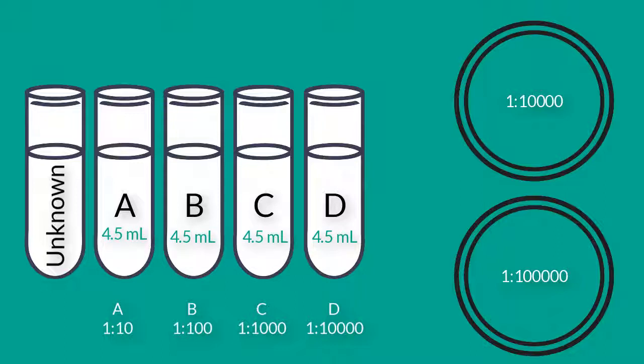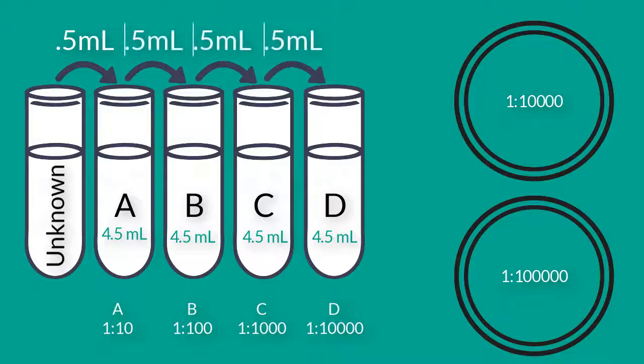If we start out by drawing 0.5 milliliters from our first tube, our undiluted sample, placing 0.5 milliliters in 4.5 milliliters is a factor of 1 to 10. We would then continue that process, pulling out 0.5 mil from each tube until we reach tube D.